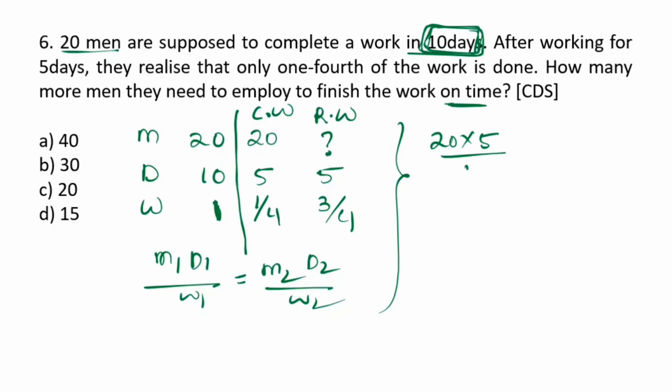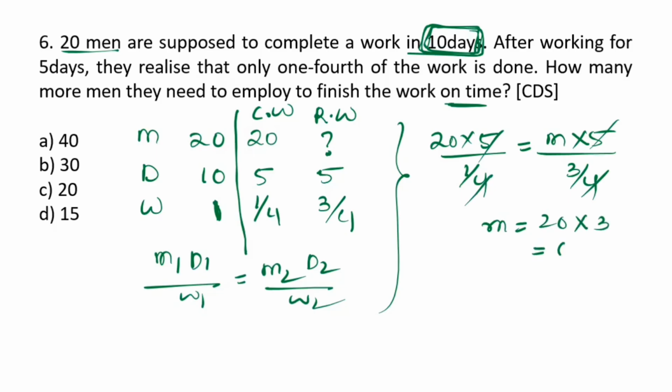And how much work have they done? 1/4 work equals how many men I need to find out, and how many days? 5 days. And the remaining work is 3/4. Okay, so this 4 is cancelled and 5 is cancelled. Here it is 20 into 3, cross multiply. So M equals 20 into 3, 60. So the total men is 60.